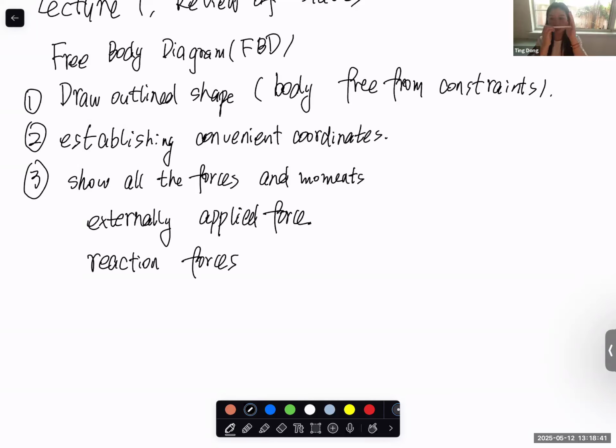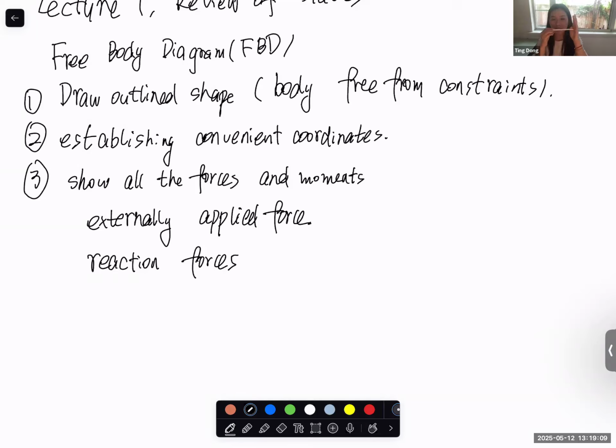Let's say it's a 1D bar problem and you only apply tension on the free end. The reaction force provided by the wall is in the axial direction, in the opposite direction, right? You have a tensile force applied at the free end, so the reaction force should also be in the axial direction, in the opposite direction, with the same magnitude. This is for the 1D bar situation.